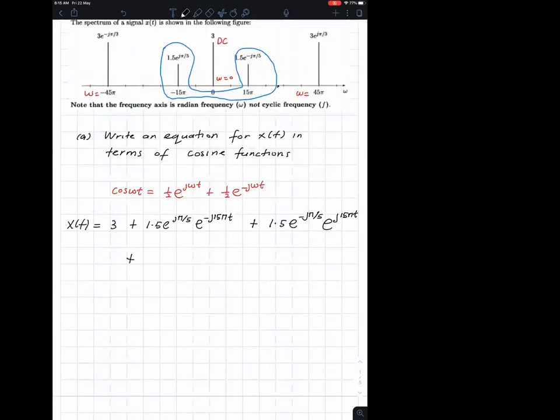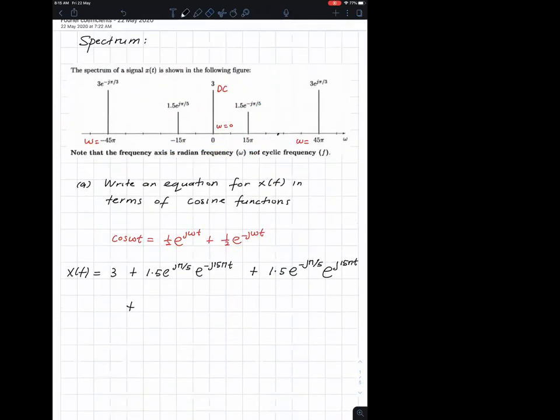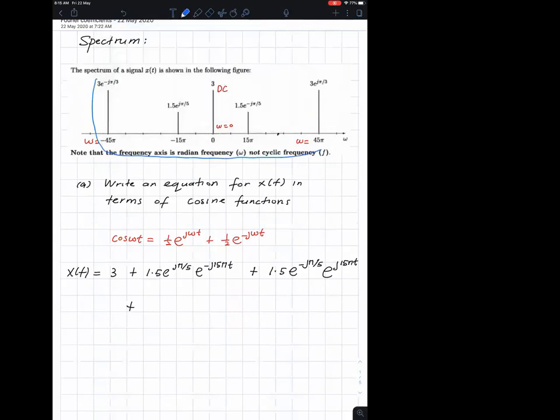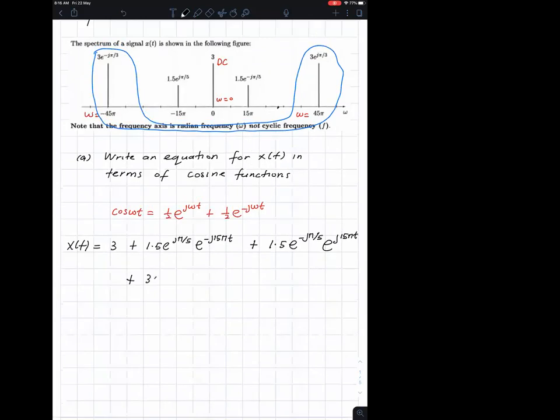So you do the same thing for the other pair. Let me circle this right here. Writing a similar equation for this is going to give you 3 e to the minus j π over 3. It's happening at minus 45π, e to the j minus 45π t.